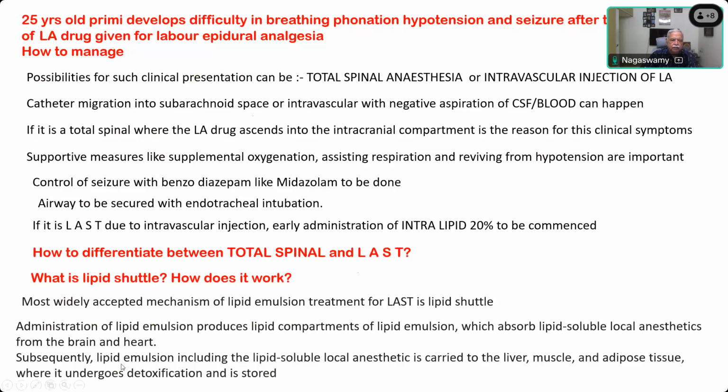Subsequently, the lipid emulsion, including the lipid-soluble local anesthetic, is carried to the liver, muscle, and adipose tissue, where it undergoes detoxification and is stored. So this is how the cardiac depression or blockade produced by the bupivacaine is removed, and the heart starts responding to normal supportive measures. Okay? So that is the terminology that is used.